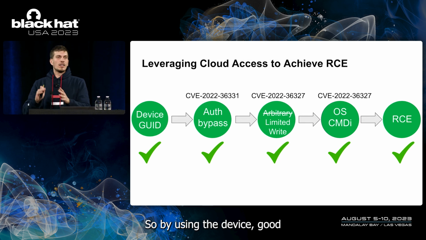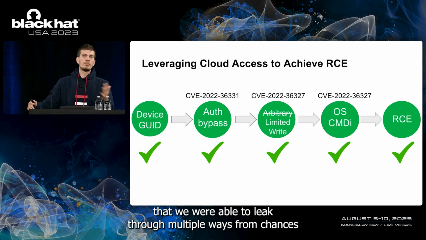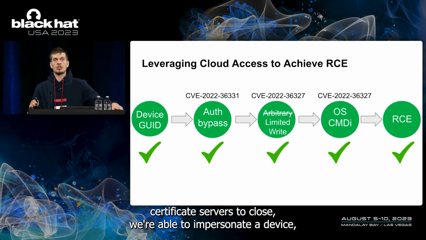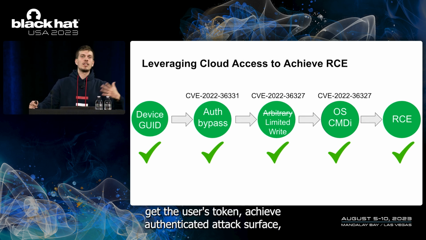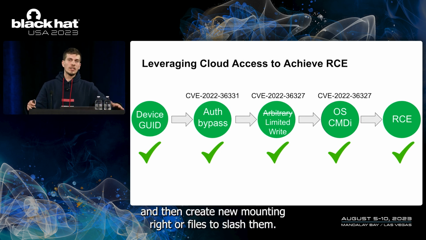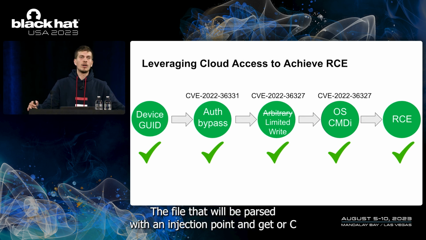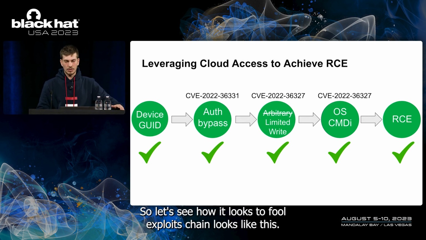By using the device GUID that we were able to leak through multiple ways, from certificate servers to CTLs, we're able to impersonate the device, get the user token, achieve authenticated attack surface, and then create a new mounting point to write our files to /temp, write a file that will be parsed with an injection point, and get RCE. So let's see how it looks.